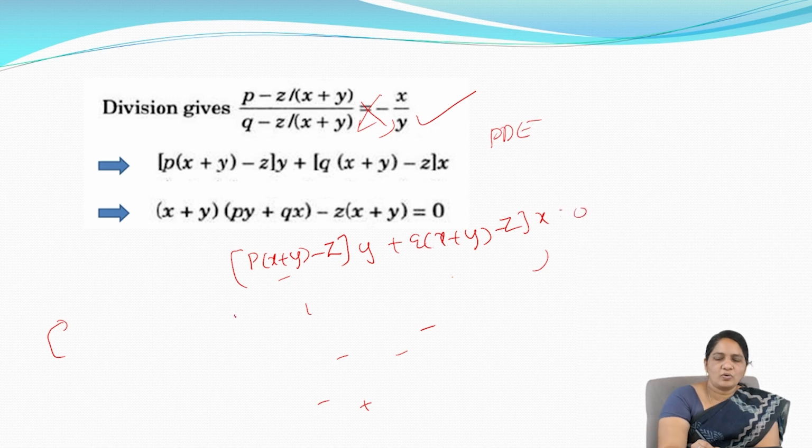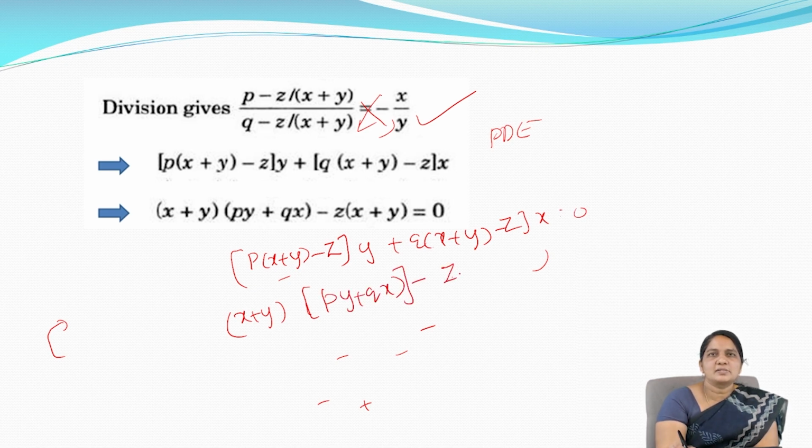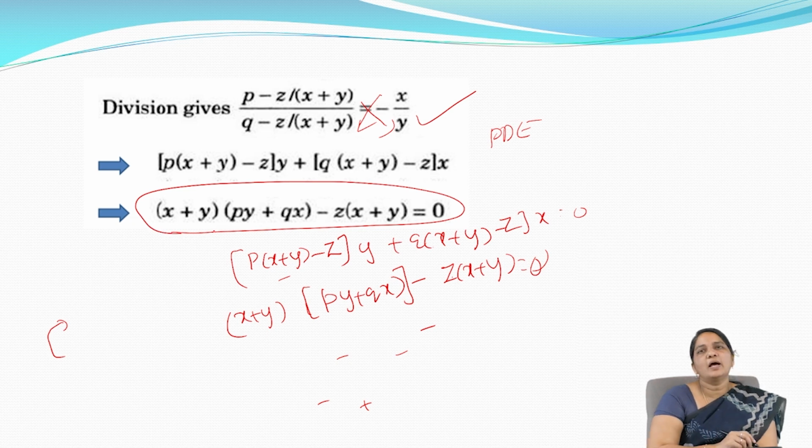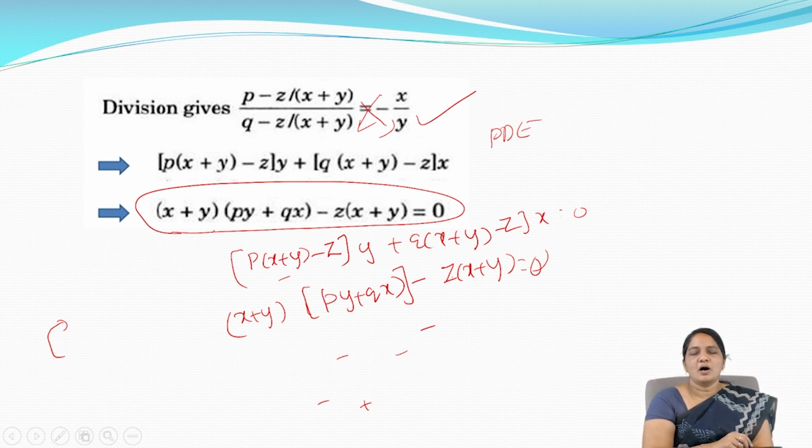So finally, when I take the common x plus y, I got (py plus qx minus z) into (x plus y) equals 0. So this is our required partial differential equation after eliminating the arbitrary function.